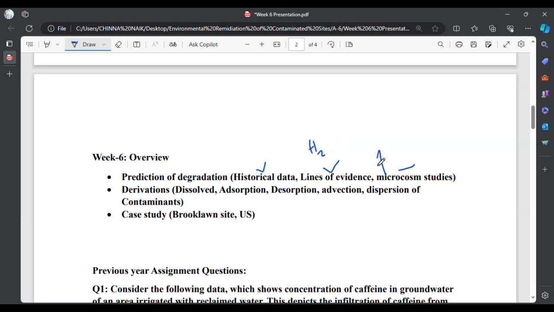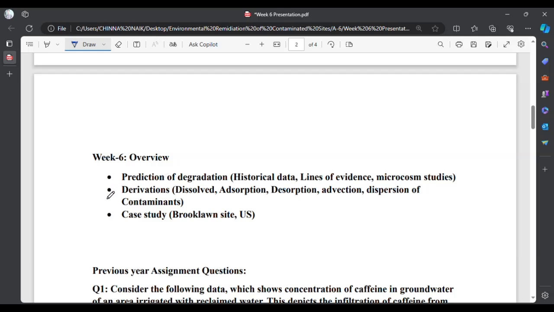Here we mainly consider the hydrogen byproducts to identify whether biodegradation is occurring. And finally the microcosm studies: based on the microcosm studies, we can decide whether degradation of the contaminant is occurring or not.